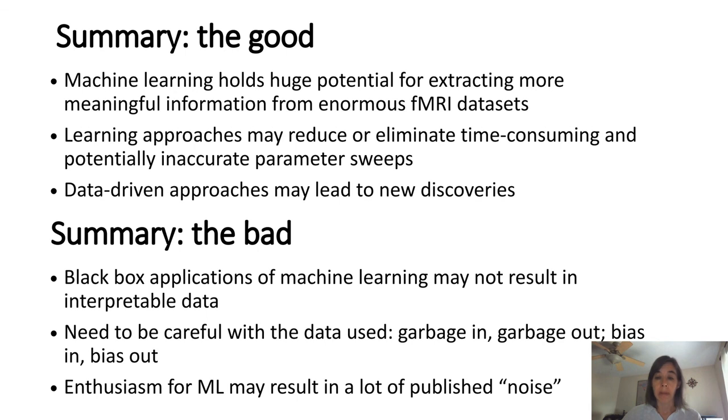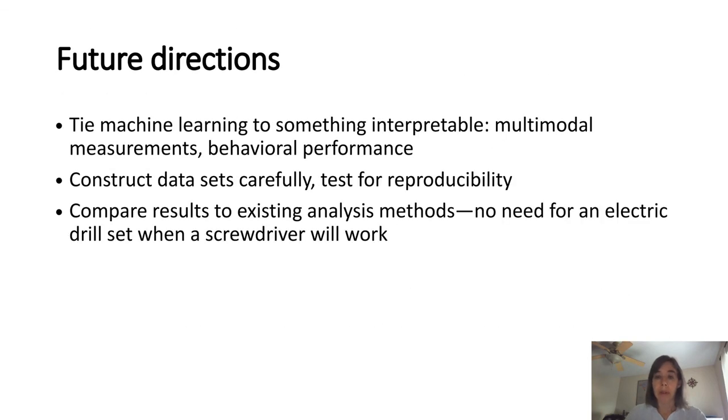And sometimes I feel like the enthusiasm for machine learning gives us a lot of papers that are published but are very hard to interpret in any meaningful way. Now, I said we shouldn't use machine learning as a black box. I think we've got to tie it to something that we can interpret. And then that makes it a very powerful tool for us.